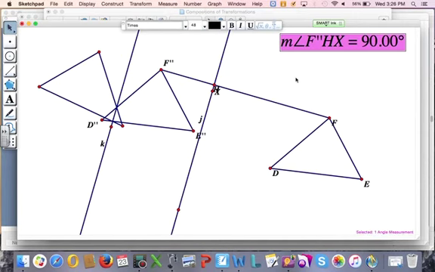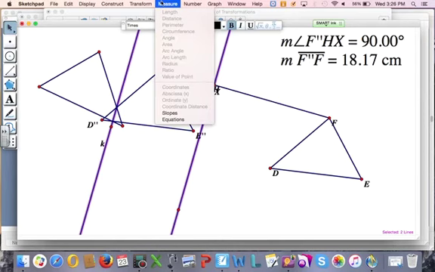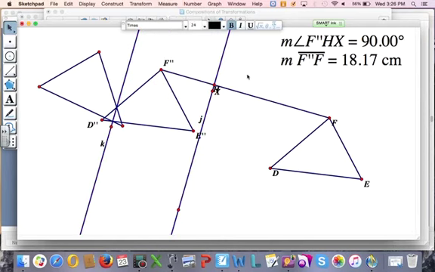Okay, well, how far did it travel? So let's find the length of F to F prime. And how far away are these two parallel lines? Does my program have a nice way to measure the distance between two lines?